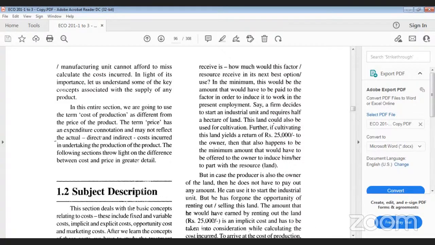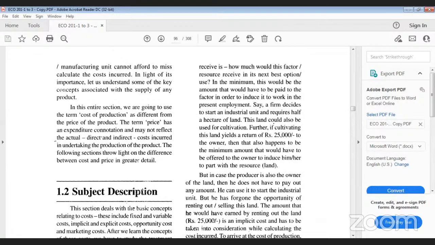But in the case the producer is also the owner of the land, he can use it to start the industrial unit, and he has forgone the opportunity of renting out or selling the land.